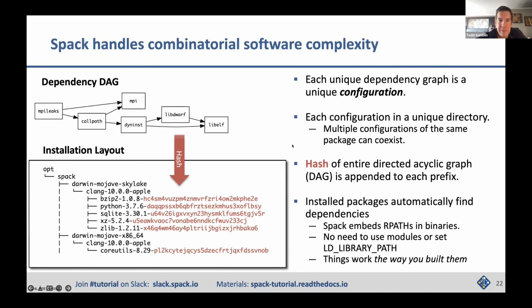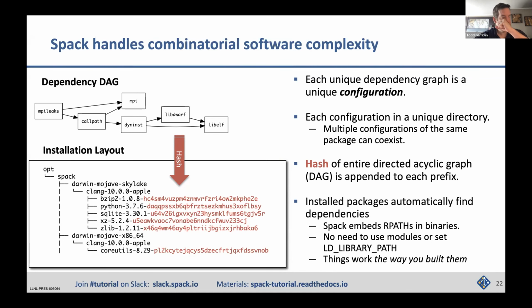The other thing that we do in Spack to keep things sane among the installs is we make sure that every package knows where to find its dependencies. So you may be used to systems where you have to remember what MPI you built with when you run. Like if you build with mpitch, then you have to load the mpitch module before you run, otherwise things explode. With Spack, that's not true.